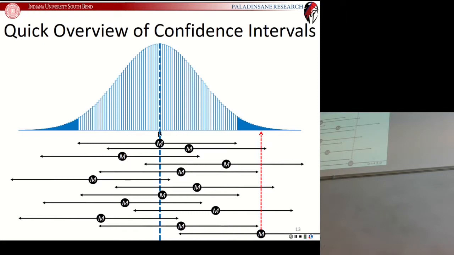And as you can see, when we take a sample mean, right, these M's here, and we build that confidence interval around the sample, we only have the one sample. And we don't know from where in this comparison distribution it comes from. We don't know where our sample is in that comparison distribution.